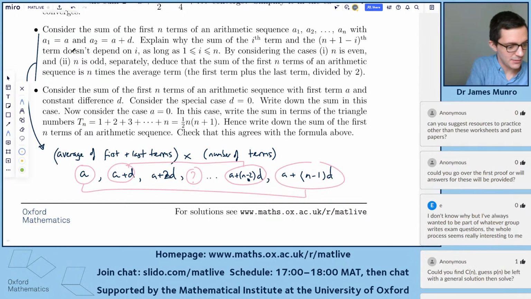Here's the obvious question, I suppose. We're going to do some math questions now, I think. I'm going to transition to math questions because it's about past papers. For years I've been asked, can you suggest practice resources other than past papers? And now the top question is, can you suggest resources other than worksheets and the past papers?